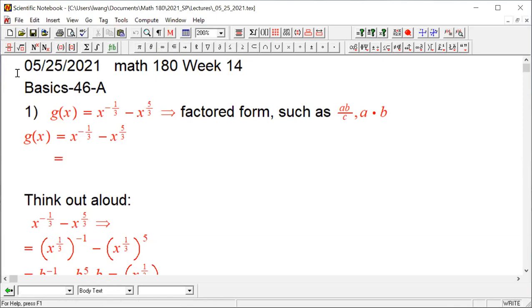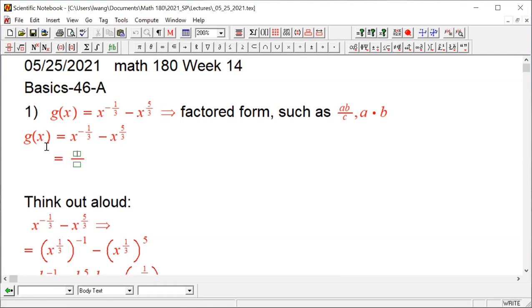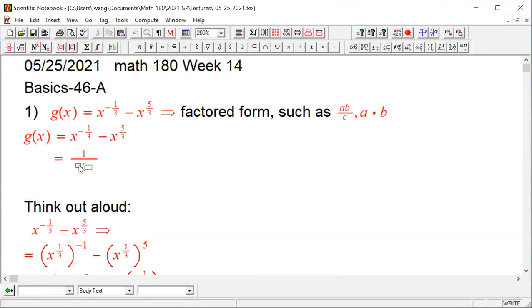The one way is to write this in the form that we are familiar with: cube root of x, and the other one is x raised to the power of 5/3. You're going to write it in the same familiar form.